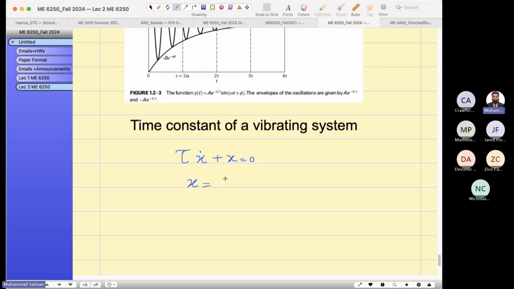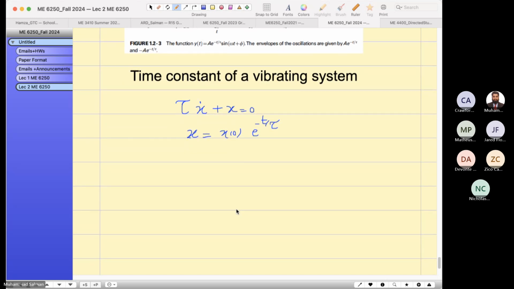So x equals to, how are you getting this answer?